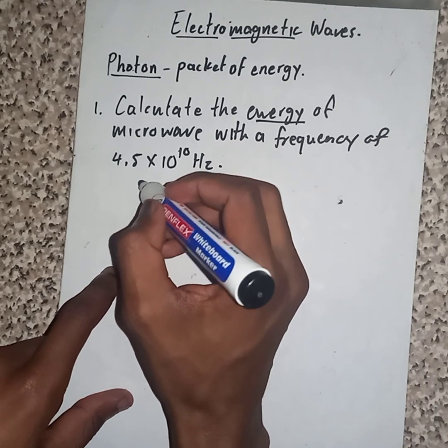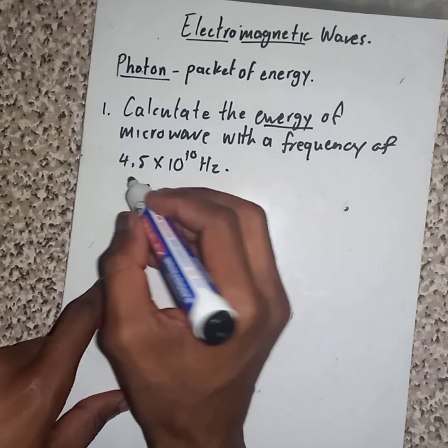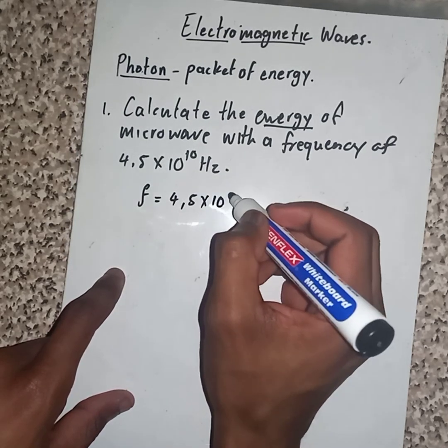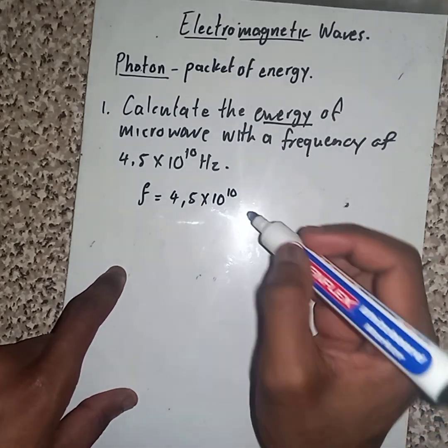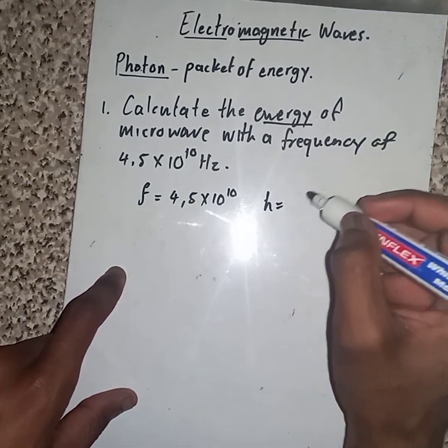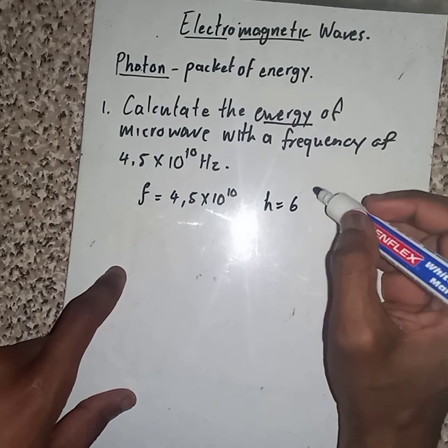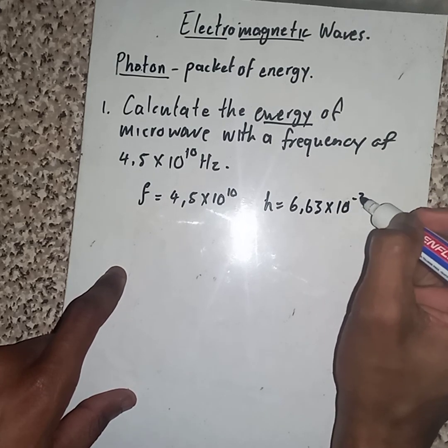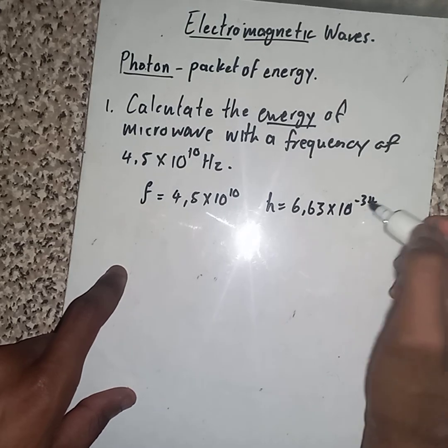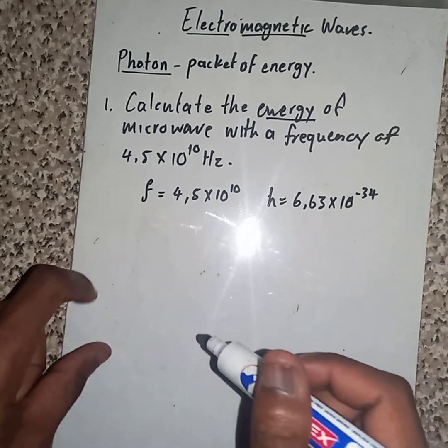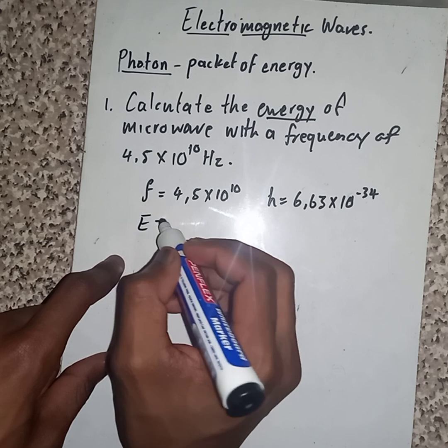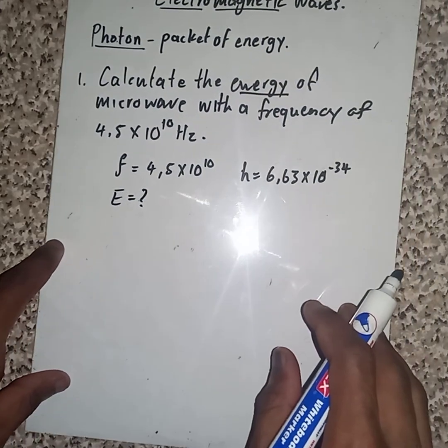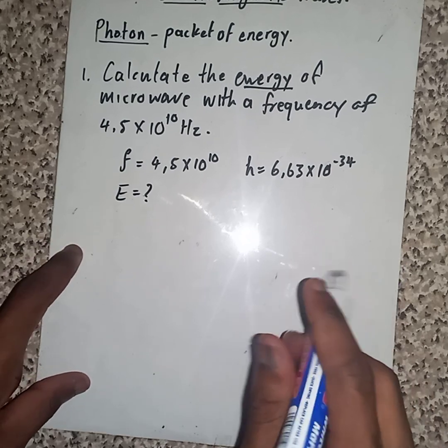First, we have the frequency, which is 4.5 times 10 to the power 10 hertz. We know that h is always 6.63 times 10 to the power of minus 34. They want us to calculate the energy. Do you still remember the formula?